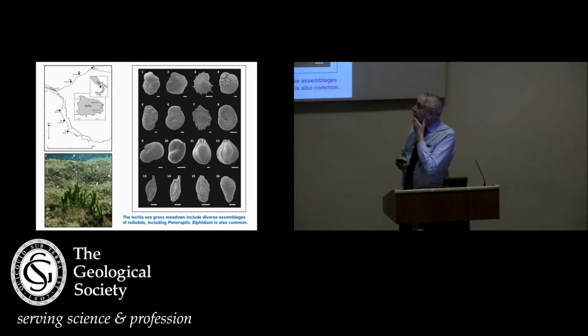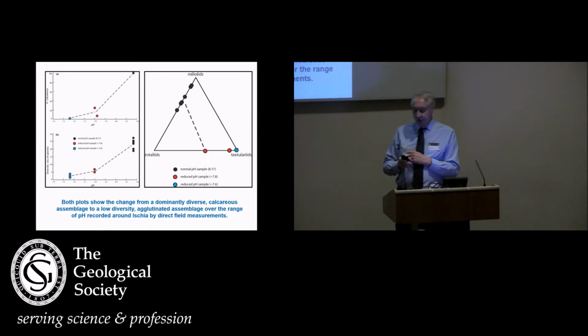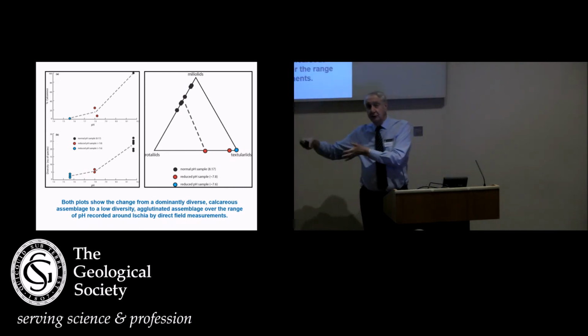Now, when we look at what we would expect to find in acidification, if you go into the Mediterranean at Ischia, there's a wonderful location where carbon dioxide's bubbling through the sediment, and you can measure the pH and you can look at the foraminifera. And when you do that, you see that as the pH goes down from 8.17 to 7.8 to 7.6, your calcareous assemblage changes completely into an agglutinated assemblage.